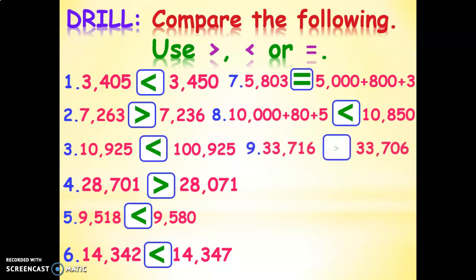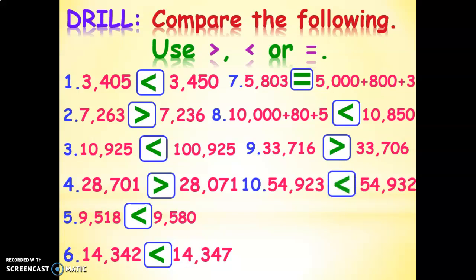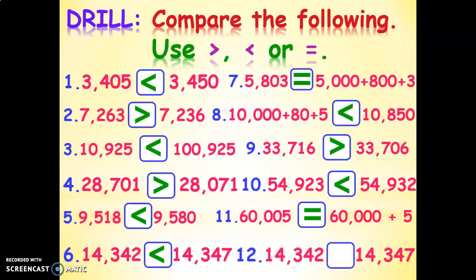For number 9, it's greater than. For number 10, the answer is less than. For number 11, comparing 60,005 and 60,000 plus 5, the answer is equal. And for number 12, the answer is less than.